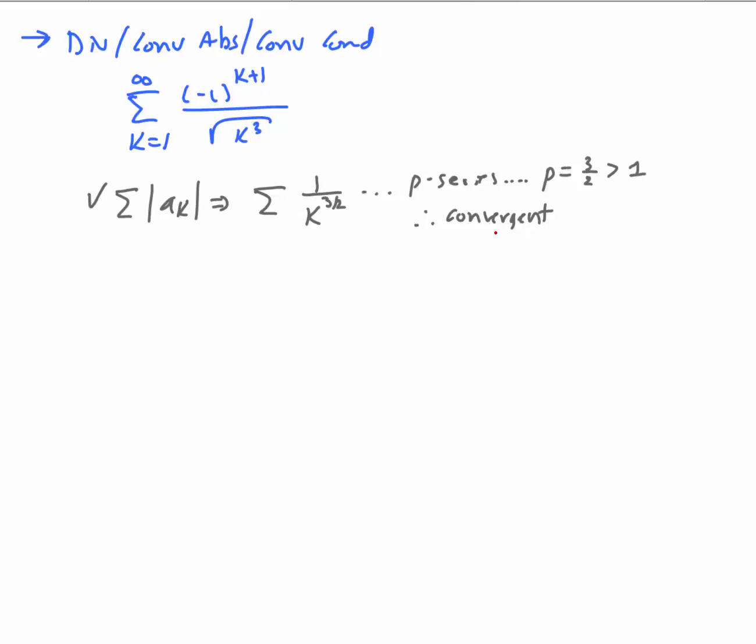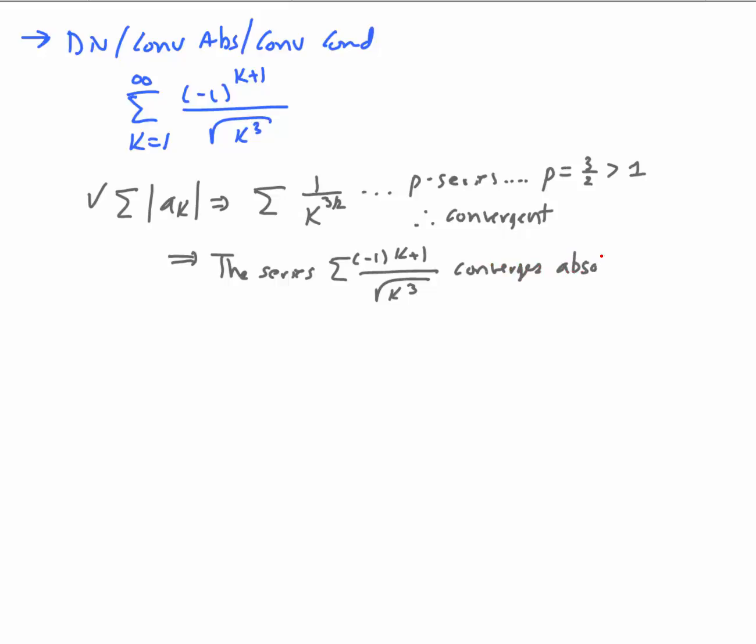Then what we can say is that if the absolute value converges, then the series converges as well. So we have two things that we can say here. The series, and it's important to say which series because we're testing two different series. We're testing an absolute value and then the original series itself. So the series converges absolutely.